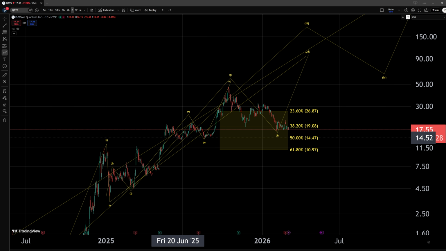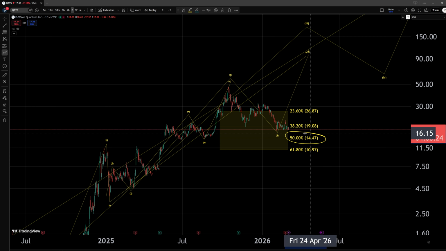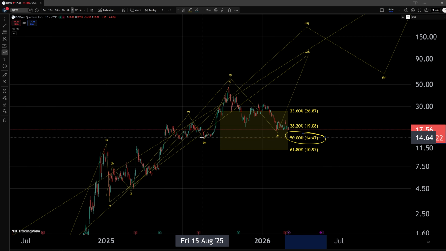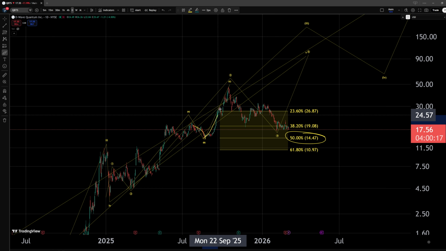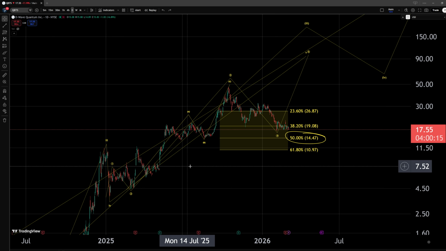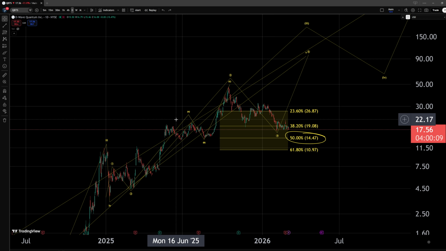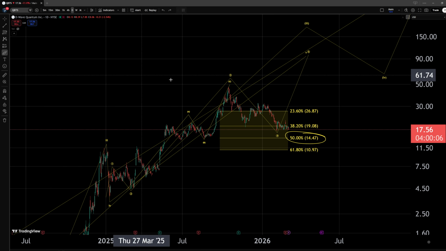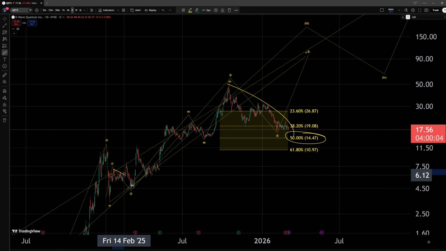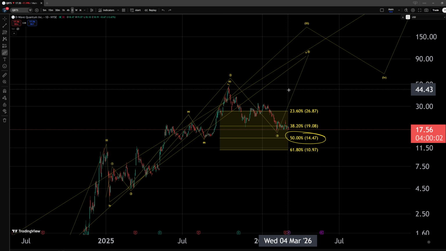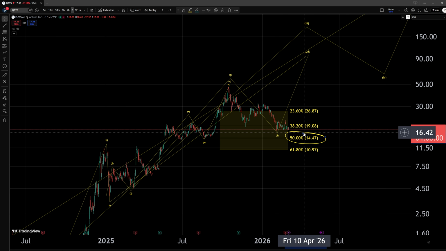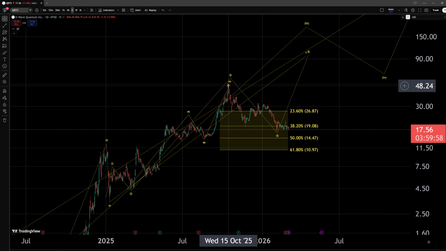And on top of that, we have structural support along the 50% retracement here at the $14.5 level, the bottom basically before this massive swing to the upside within the wave C. All of this combined with the internal structure, with the proportions of this wave 4 and this wave 2, leads me to believe that this count would currently be a better fit for the overall structure.